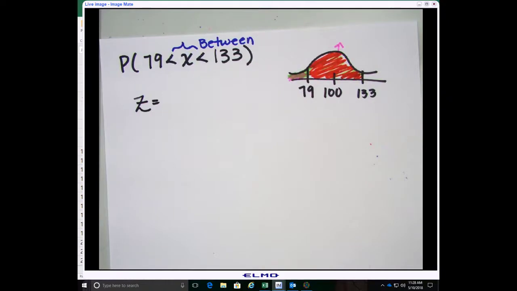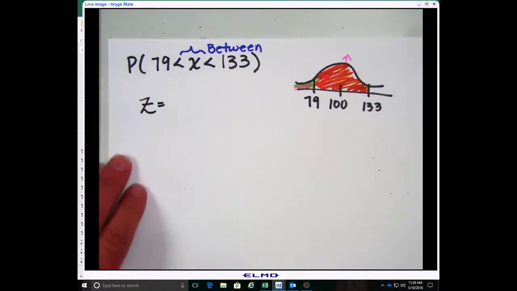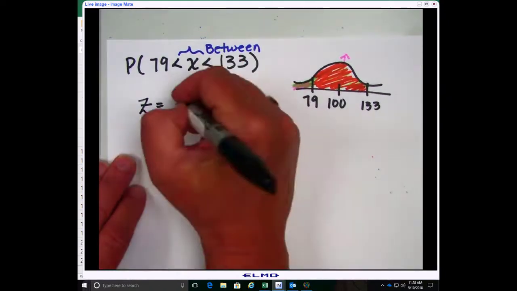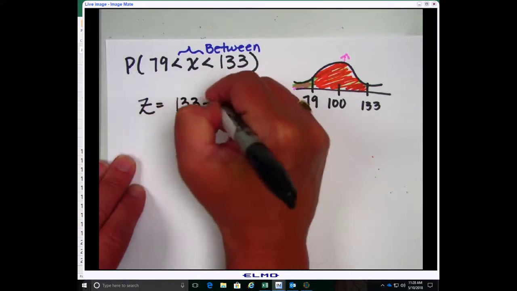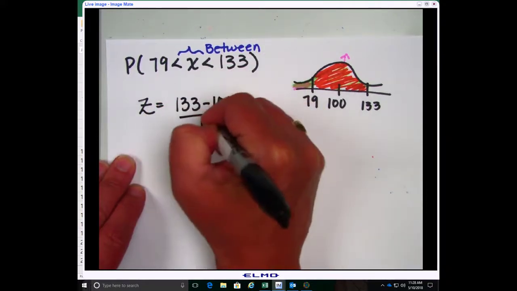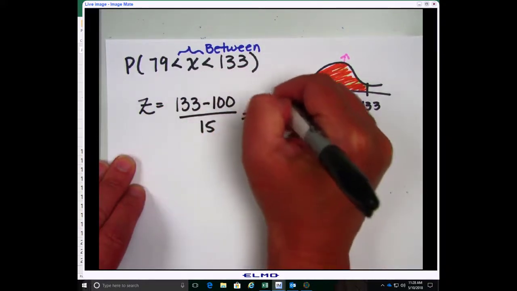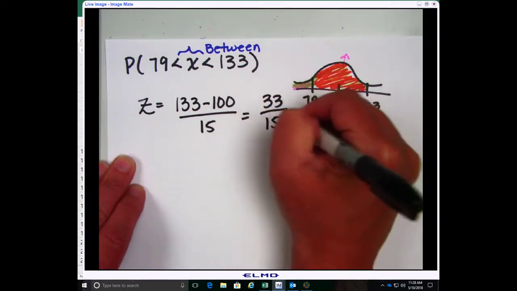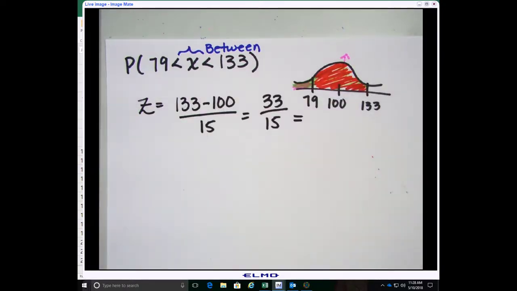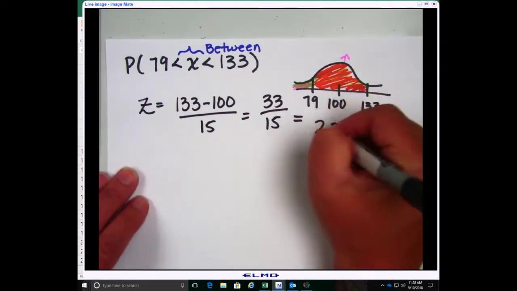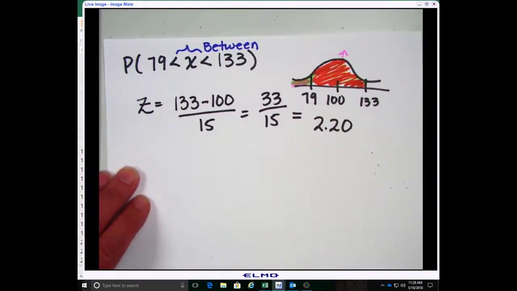Okay, so what we have to do is calculate a z-value for both. Let's start with 133 minus 100 divided by 15. We get 33 over 15. And that gives me 2.20.